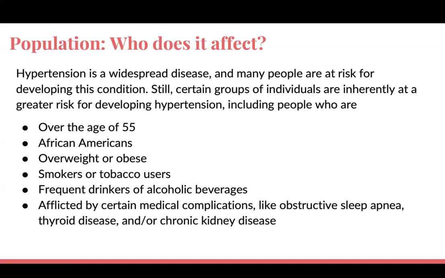That includes people who are over the age of 55, African Americans, people who are overweight or obese, smokers or tobacco users, and heavy drinkers, people that drink a lot of alcoholic beverages. And even people afflicted by certain medical conditions like obstructive sleep apnea, thyroid disease, and chronic kidney disease, because people can have different mixes of diseases like that.